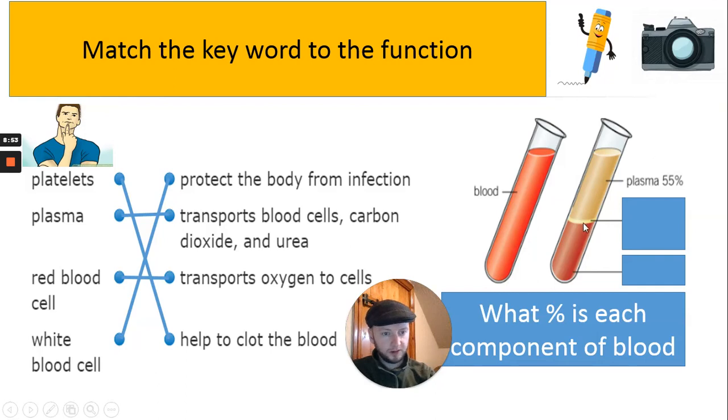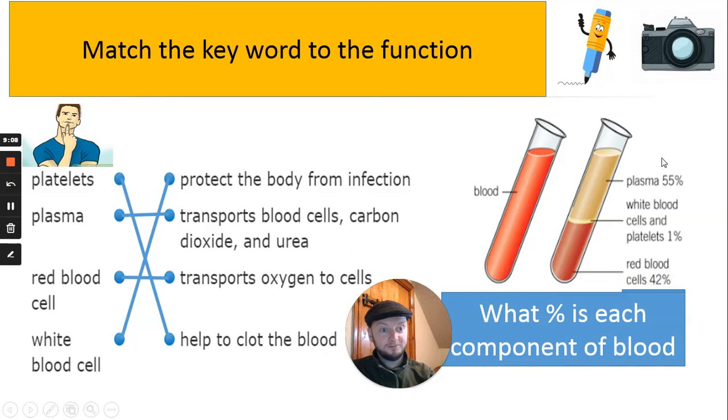What do you think these ones are here? They're white blood cells, very good, and they're platelets as well, and they're only 1% of the blood. And the rest, I'm sure you can guess what part of the blood this is, and what percentage they take up. Very good. It's red blood cells, and they take up about 42%. Okay, so make sure that you've got all of that taken down in your copy, and you can take a picture of that.